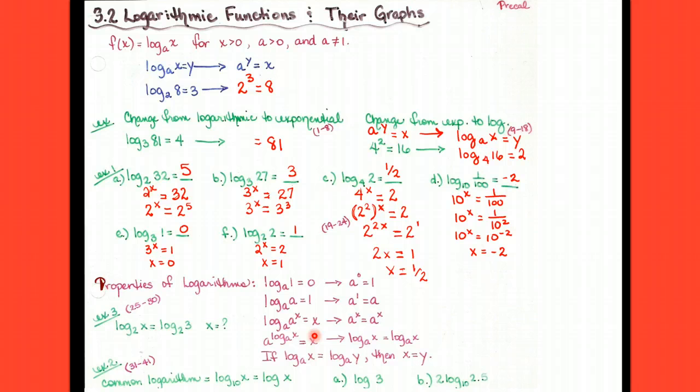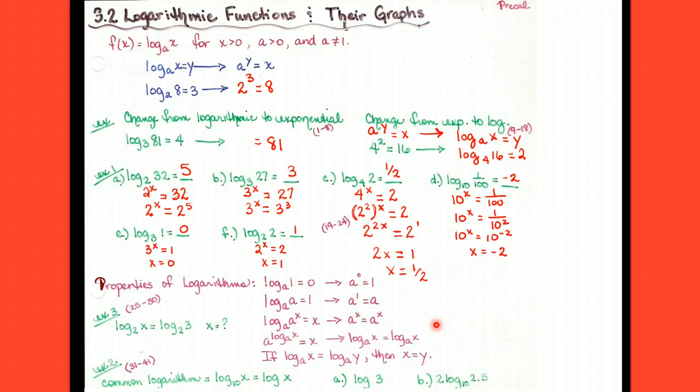And that makes sense because if you switch it from its logarithmic form to its exponential form, you just have an identity. The opposite is also true if you take the exponential and you raise it to a logarithmic. As long as the bases are the same, they'll undo each other and they'll take you back to where you started from, which is just x. And again, if you switch that from its exponential form over to its logarithmic form, again, you just get an identity, so you can see why that statement would be true.